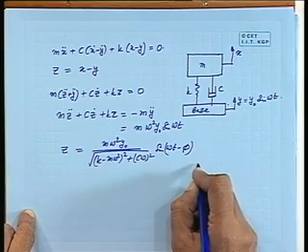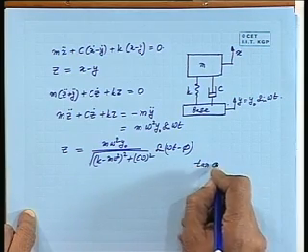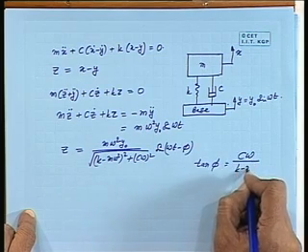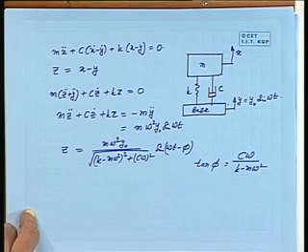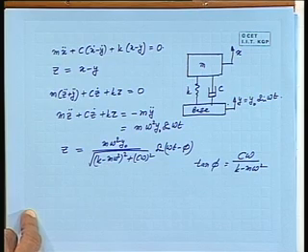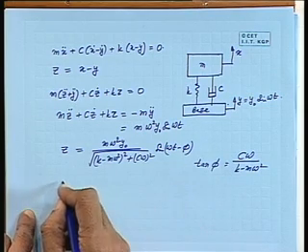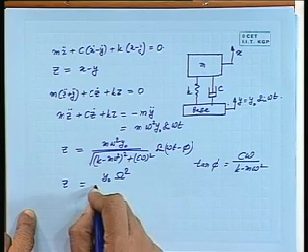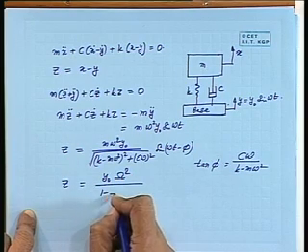With tan phi, okay, or if you want to put it in the similar format, z is equal to y0 omega square, 1 minus omega square.